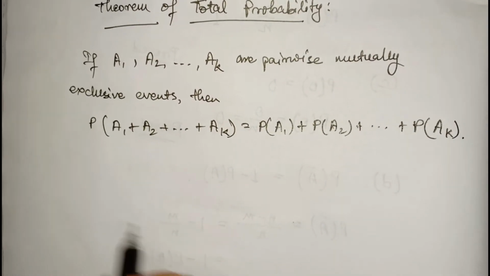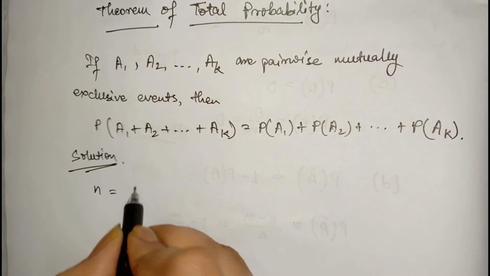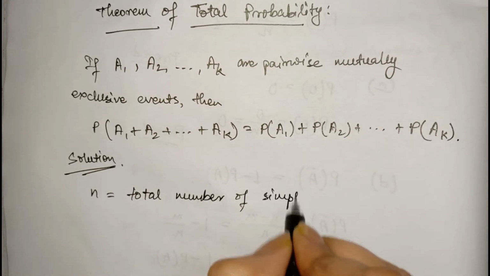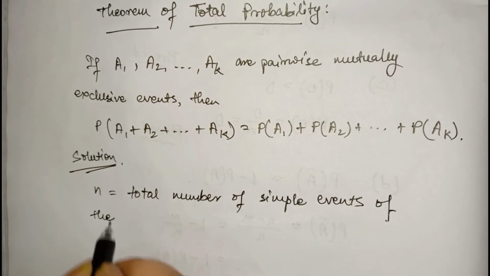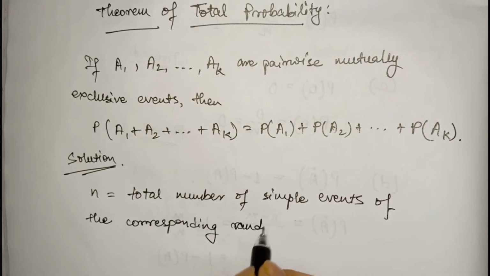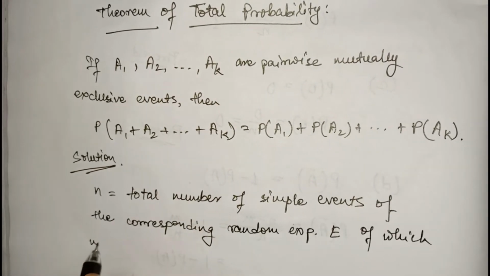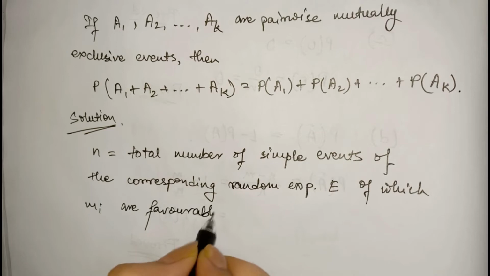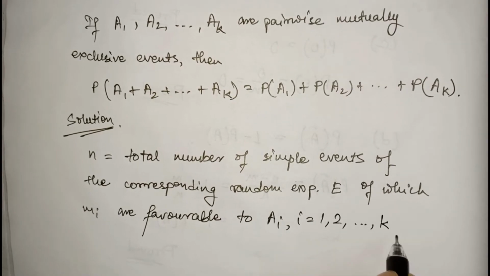So how do we prove this? For this we take n to be the total number of simple events of the corresponding random experiment E, of which Mi are favorable to Ai, where i is equal to 1 till k.